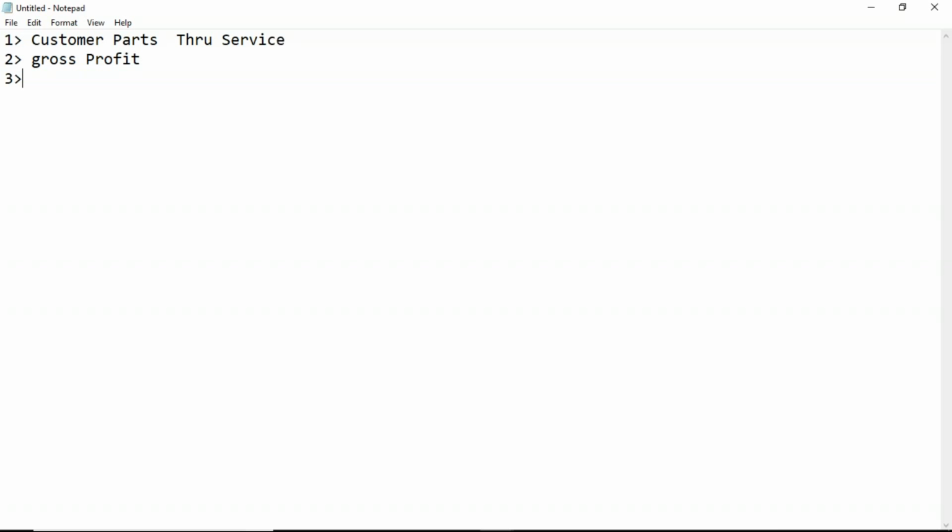So parts revenue through service over total parts revenue, basically. Dollars of parts per dollar of labor. Okay.